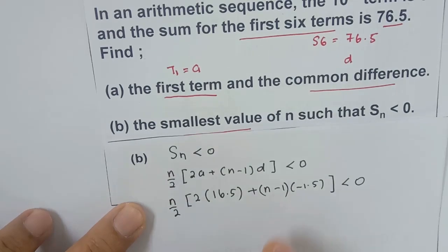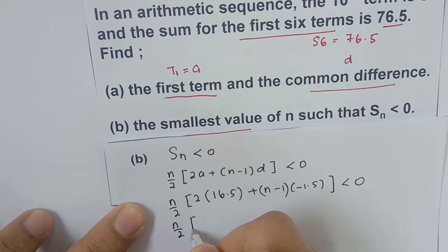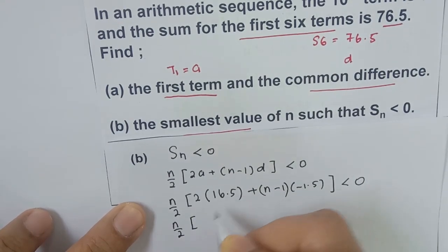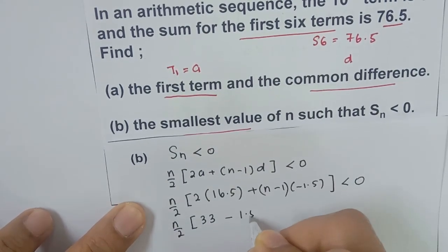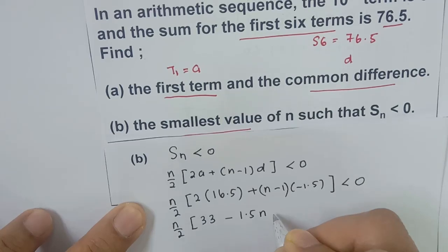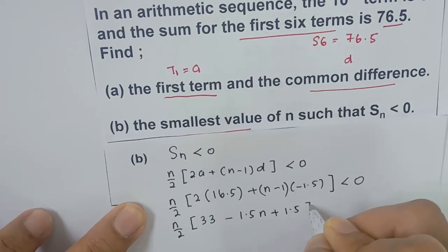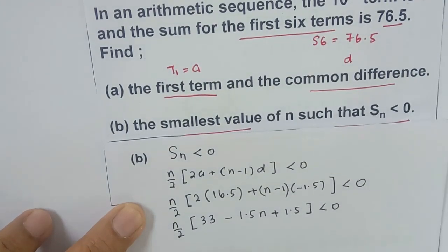Okay, next we expand and simplify. n over 2, the 2 times 16.5 is 33, minus 1.5n plus 1.5, less than 0.